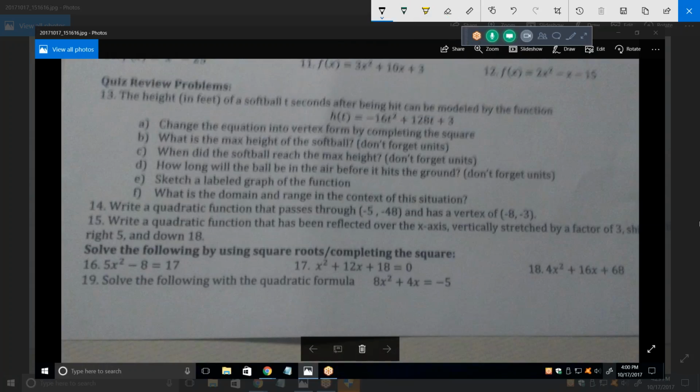Okay. Now, 17 has an x term. It's x squared plus 12x. Let's put that, now, if we're going to solve this by completing the square, this is a little different. We're not trying to put this in vertex format.